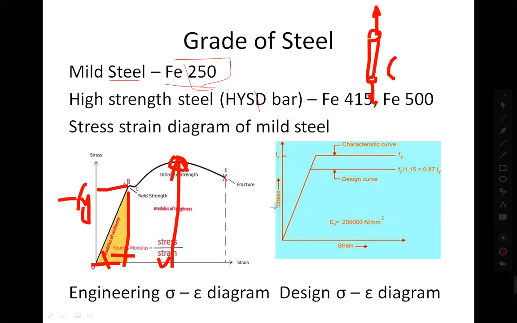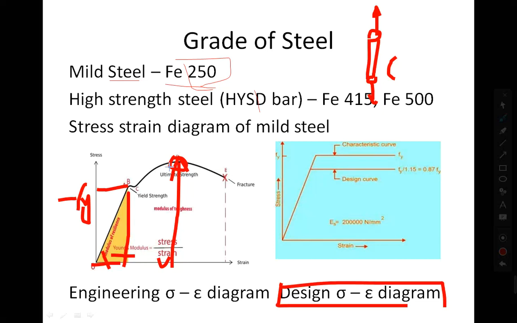Now the design stress strain diagrams are considered, to simplify the analysis and the design. You see that when it reaches the yield stress, after that the stress is not varying, it is constant, but the strain is increasing. Why are these design stress strain diagrams used?